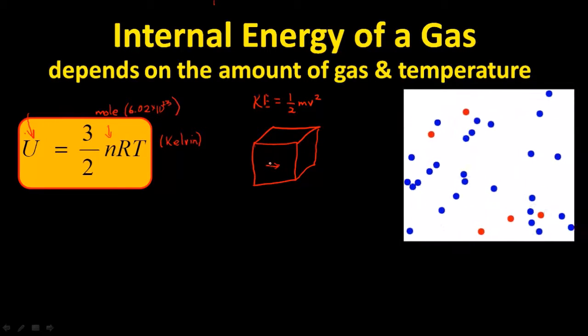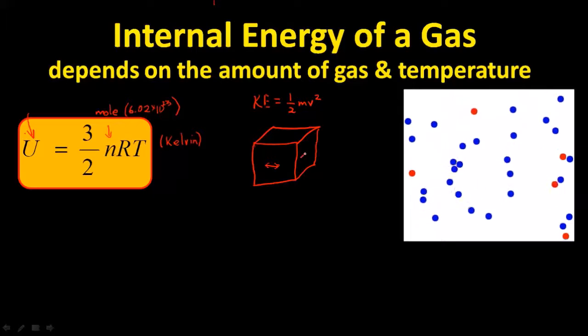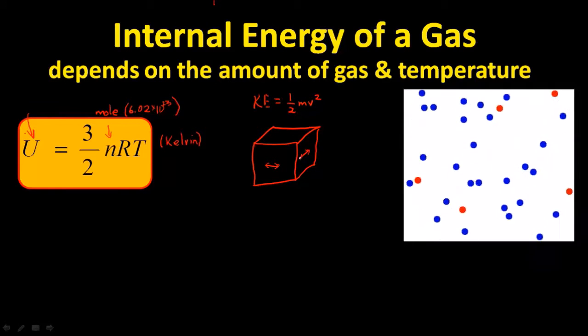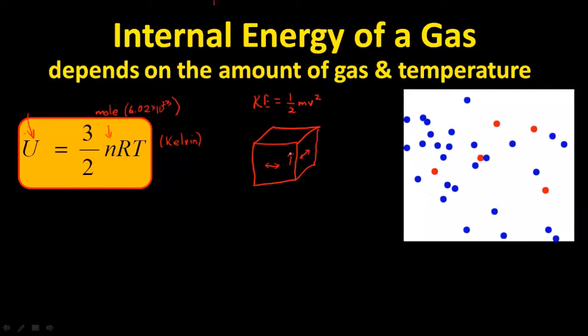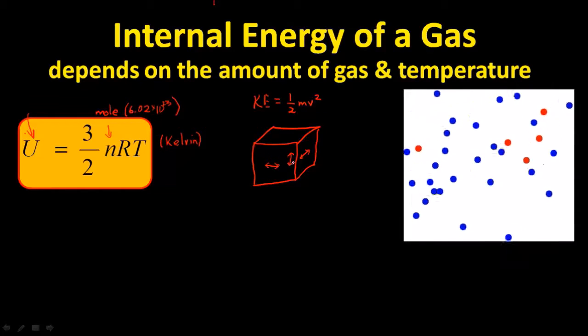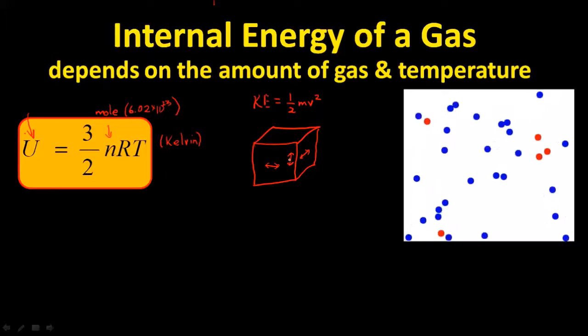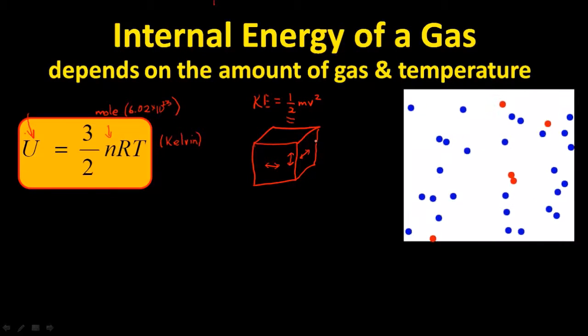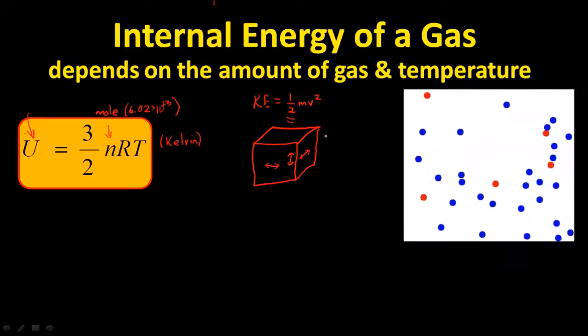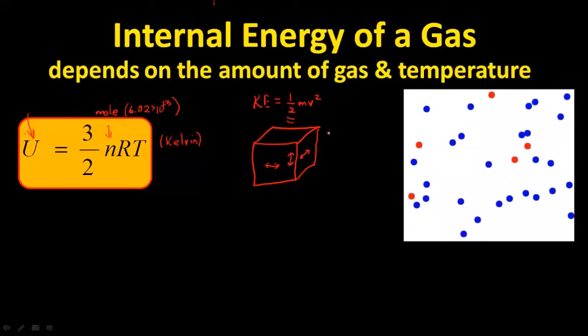They could be moving across, or they could be moving front to back, or they could be moving up and down. And that's where that 3 comes from in the 3/2. The 1/2 comes from this 1/2 right here. The rest of it I'll leave to someone else's video to explain where the formula comes from.